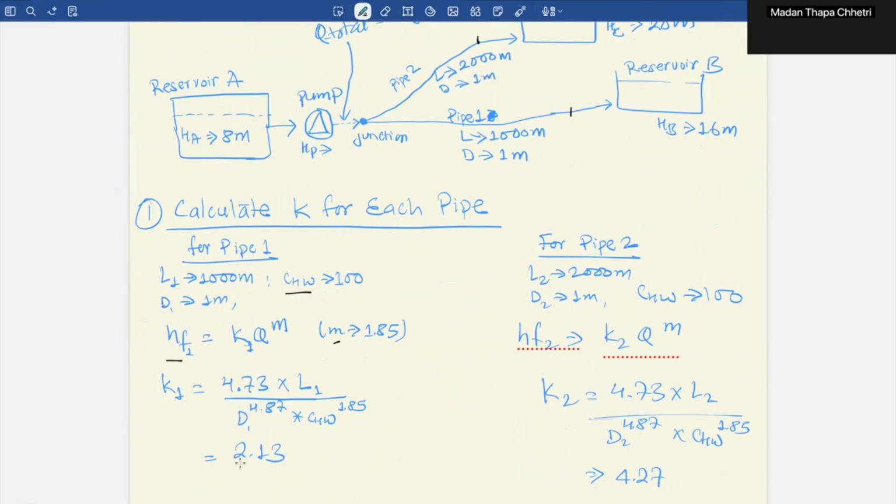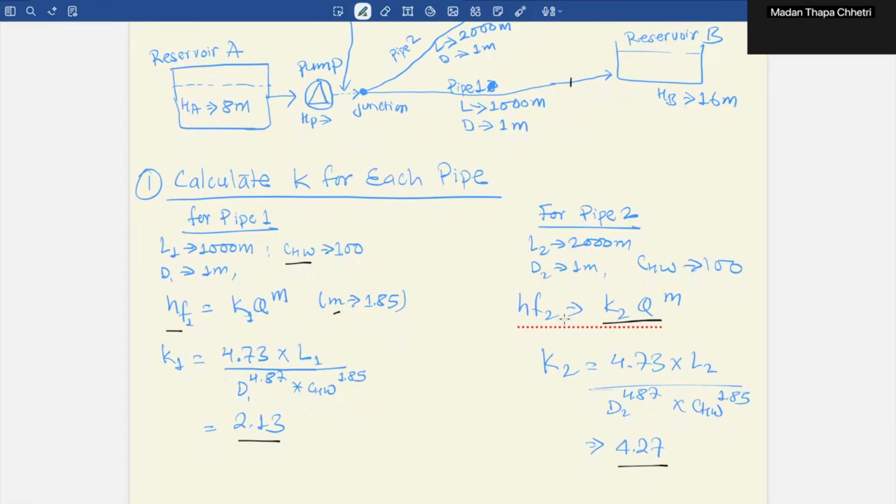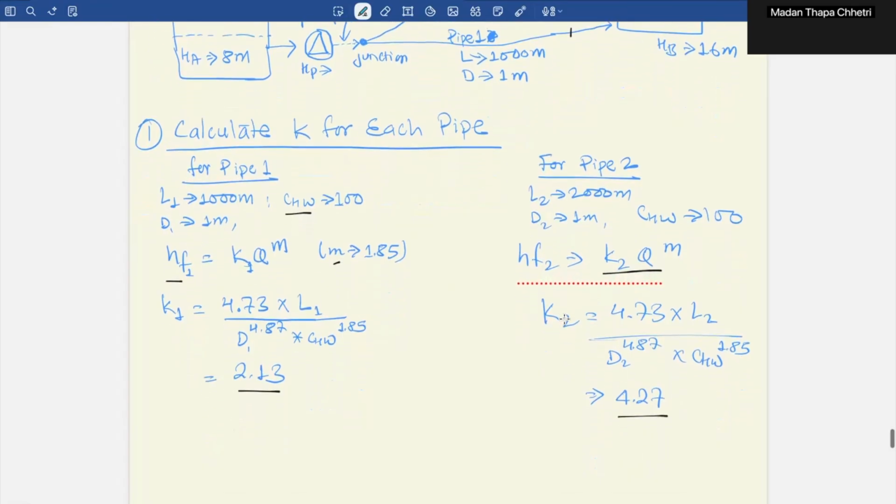So K1 will be equal to 2.13. Similarly for pipe 2, when we use the same formula, the head loss caused by friction will be equal to 4.27.